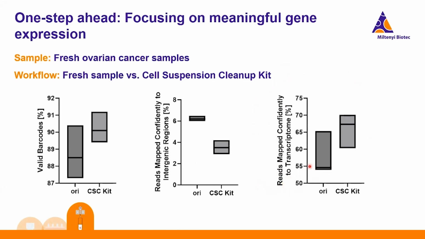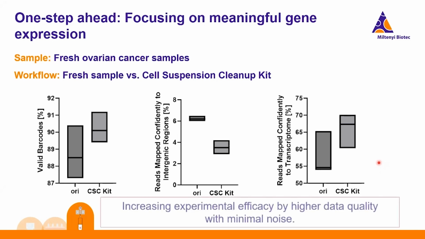Reads mapped to the transcriptome. Here you can see that we have a quite clear increase on average of approximately 8%, which you can interpret as higher data quality, more meaningful data, or the transcriptome being covered better, and also just an overall more efficient sample preparation.